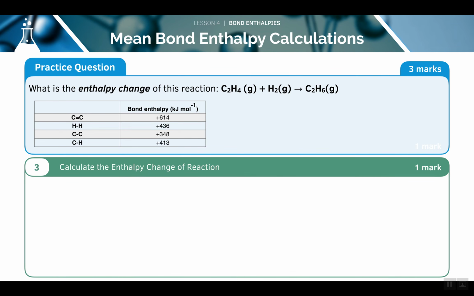Finally, we can use our equation to calculate the enthalpy change of the reaction. So in this instance, it will be the energy to break the bonds minus the energy released when the bonds form.